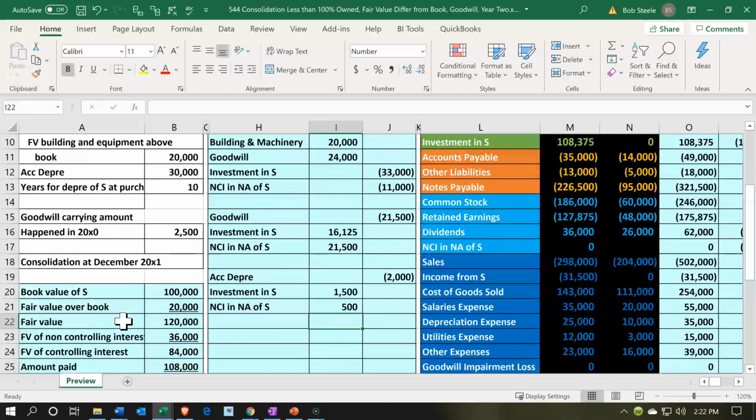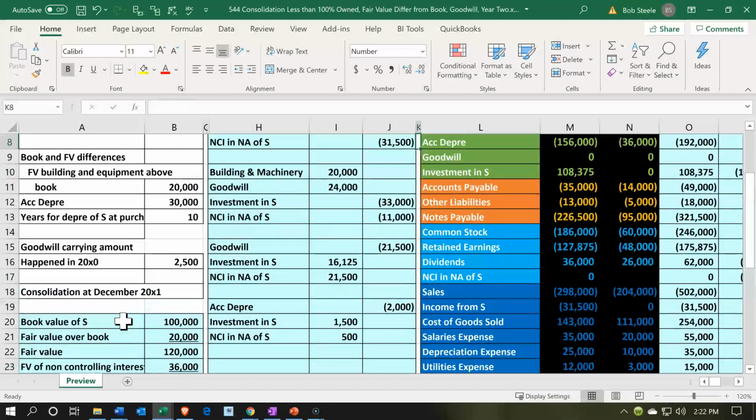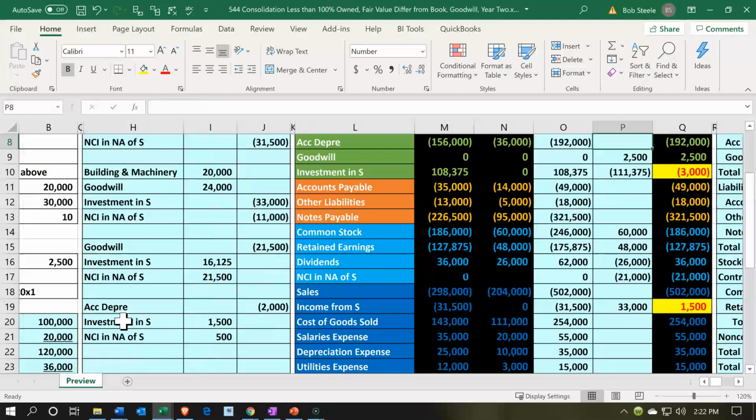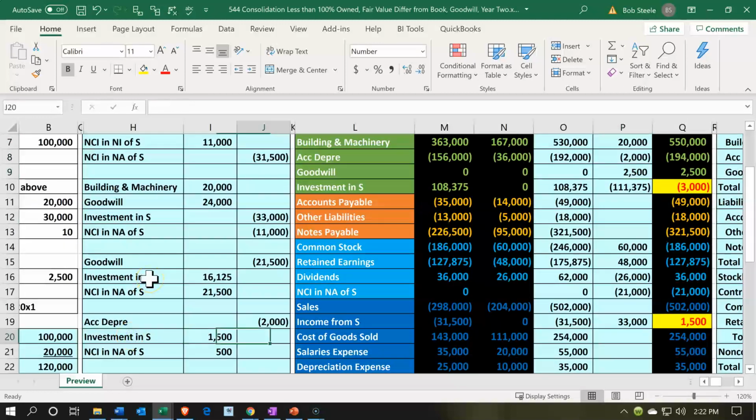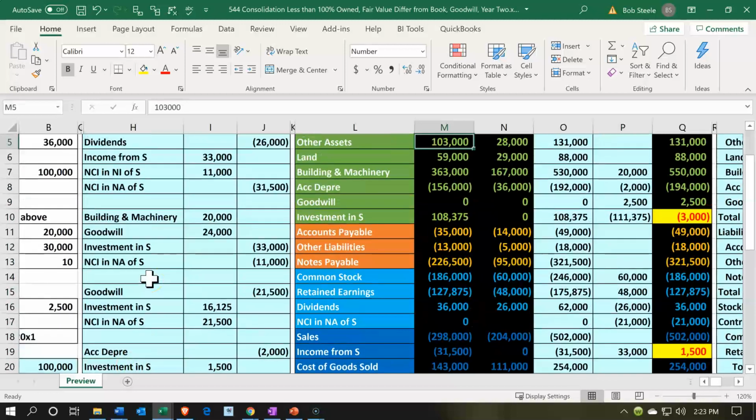So now, all right, accumulated depreciation went up for last year's depreciation expense. So I'm going to say this is equal. That's going to increase. That'll bring us up to January of the current year. And then we have the investment in S. The investment in S must have accounted for that using the equity method. So the investment in S is going to be affected.